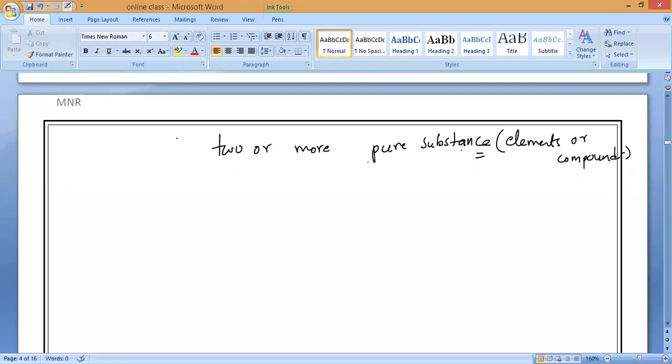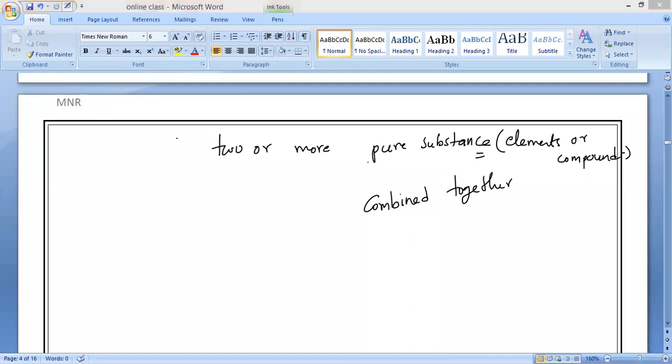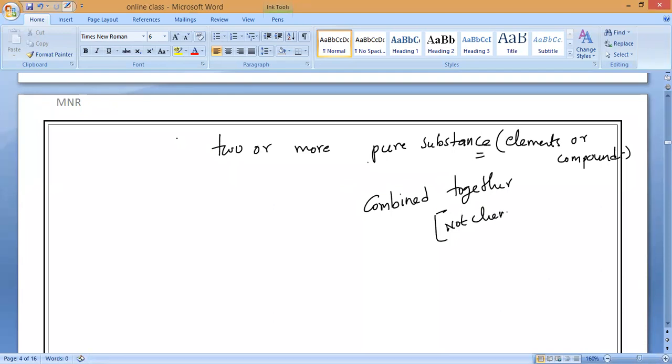So two or more pure substances combined together. How, physically or chemically? Physically. Combined together physically is what we call a mixture, not chemically.